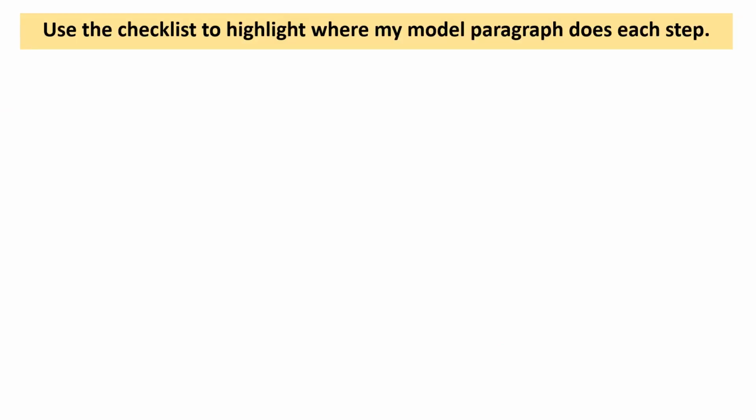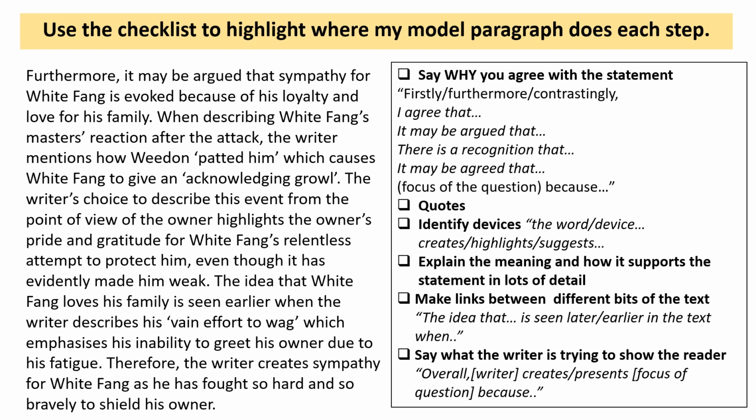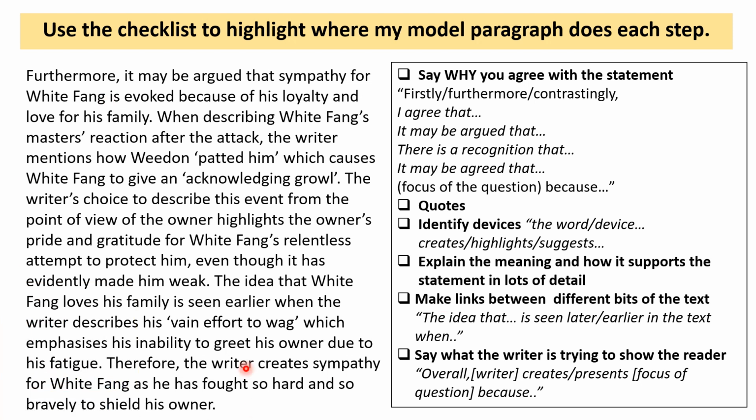Now what I would like you to do is open the document that is titled Question 4 Model, and you'll see the checklist on the right, and you will also see this model paragraph. What I would like you to do, as always, is match the checklist up with this paragraph. It's important to notice at this point that I am still agreeing with the statement.